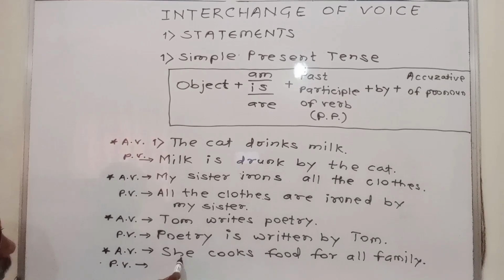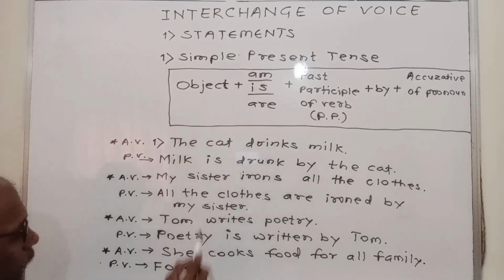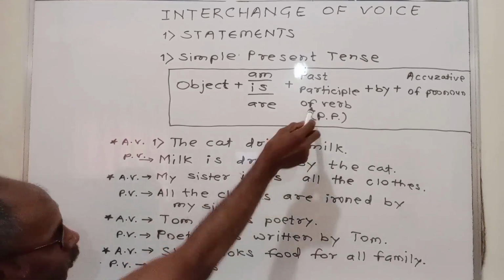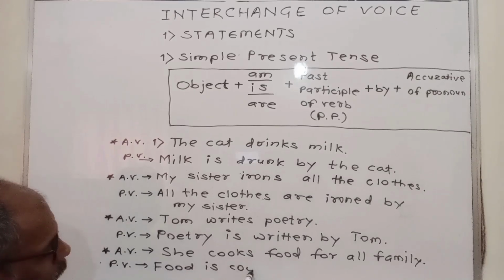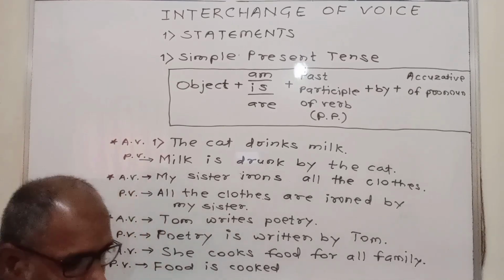Now subject, verb, object. We write first object, then am, is, are: food is, past participle of verb cook, cooked for all family.